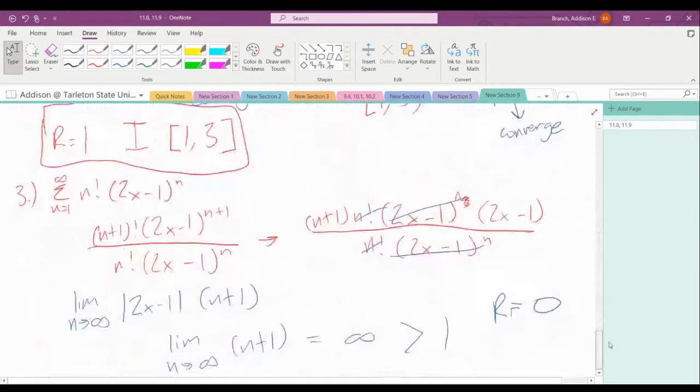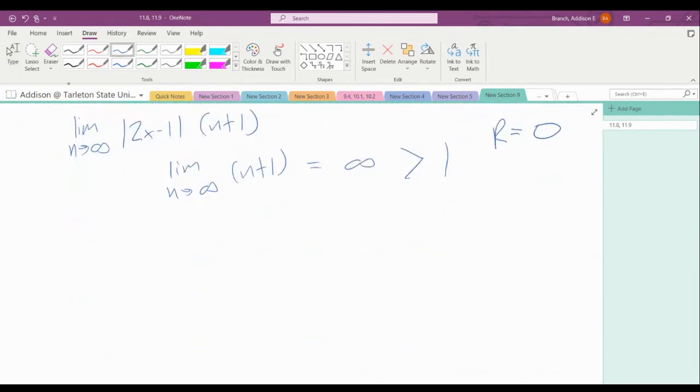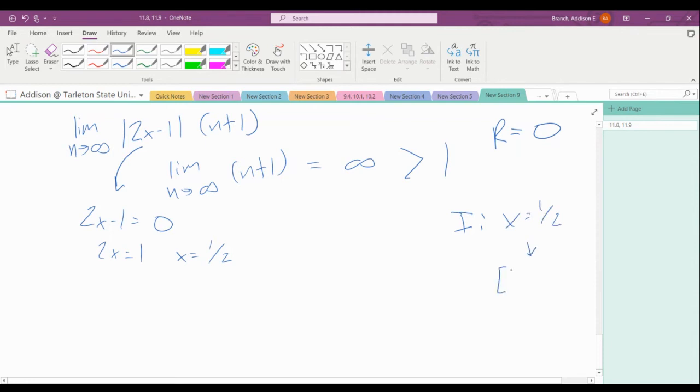So therefore, for our interval, we can solve for a down here. Of course, 2x minus 1 is equal to 0. 2x is equal to 1. x is 1/2. So right there, we can say that our interval can be, you can either say x is 1/2, or depending on how they want it, you can just say 1/2 to 1/2.